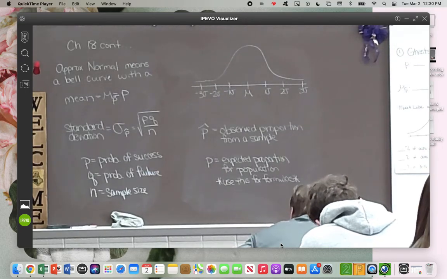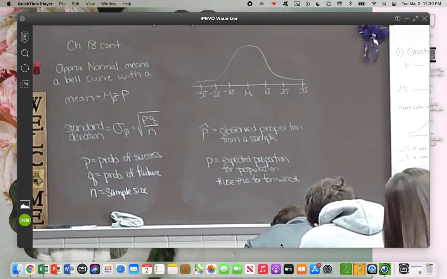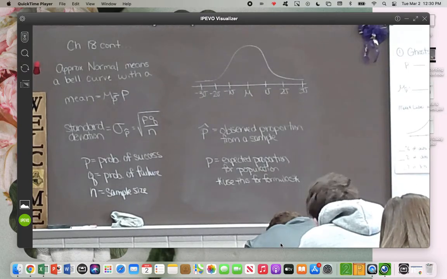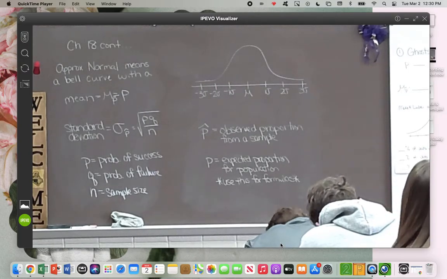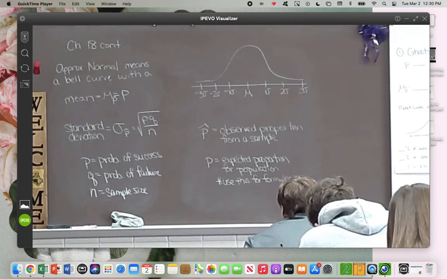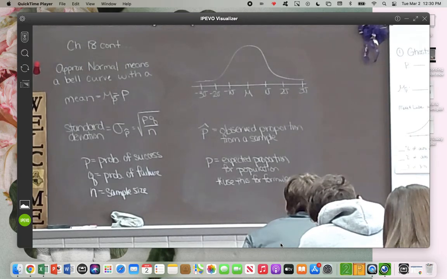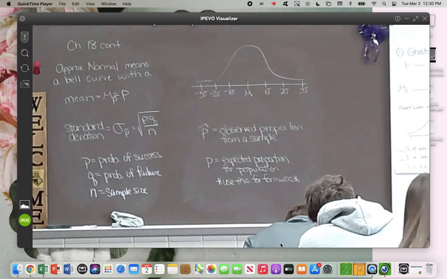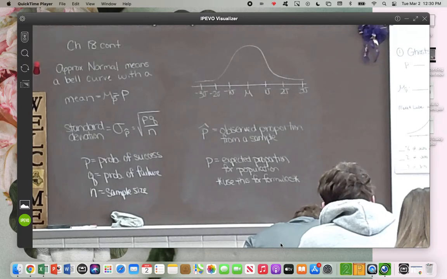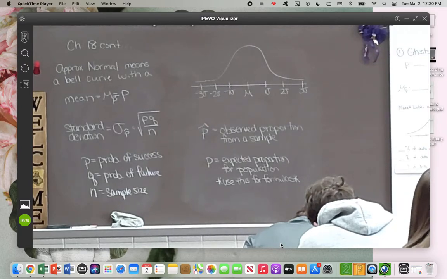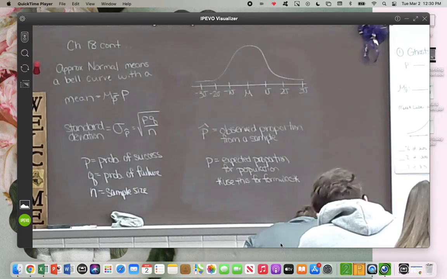We use the Greek letter mu for the mean, and that's the probability of success. To find the standard deviation, that is a lowercase sigma, another Greek letter, we take the square root of the numerator, the probability of success times the probability of failure, and we divide that by the sample size.